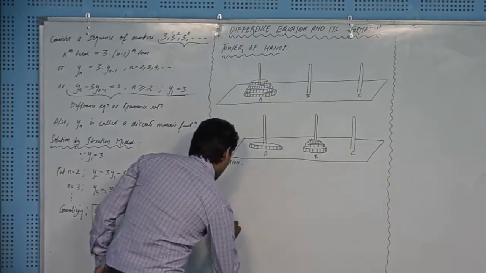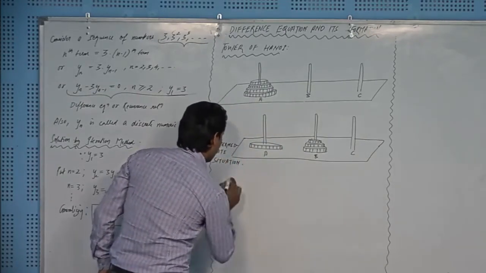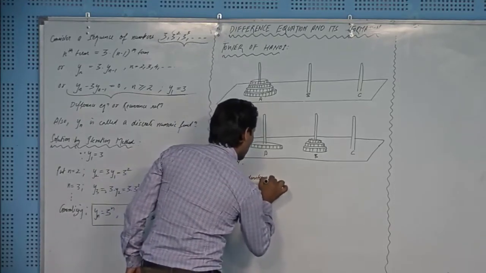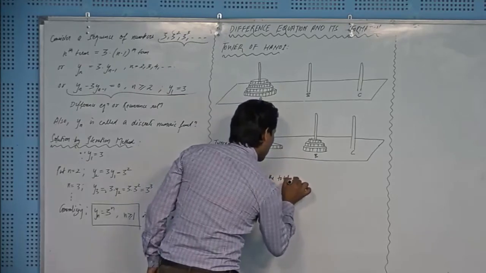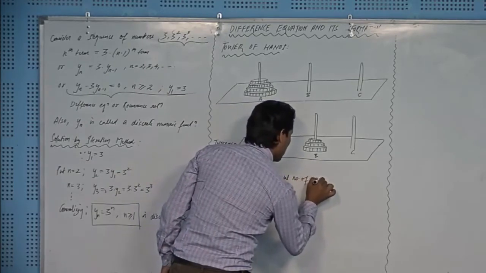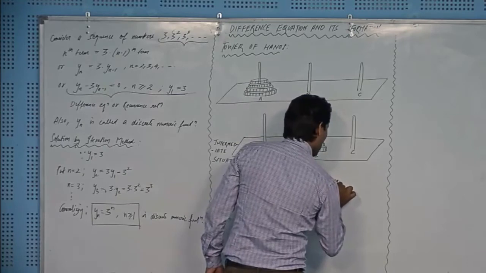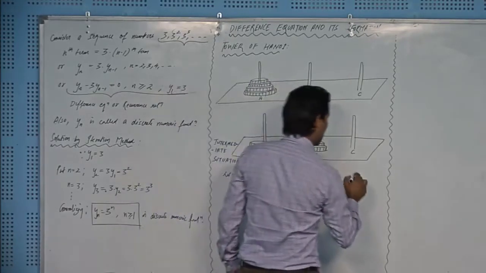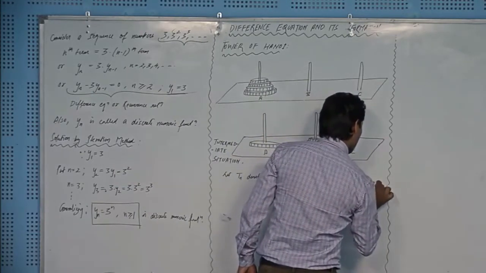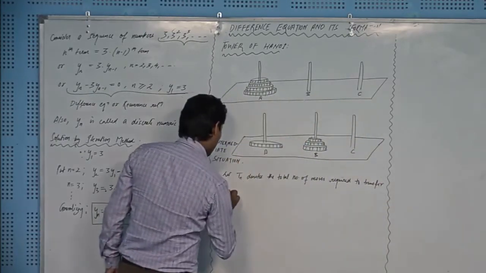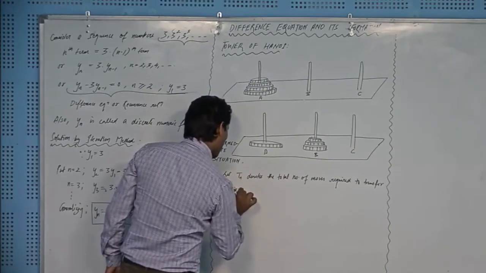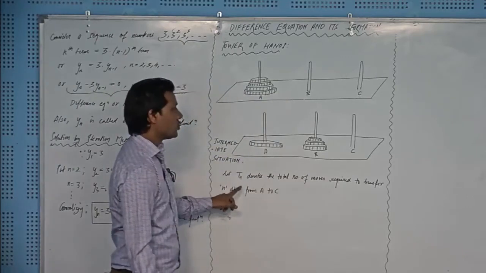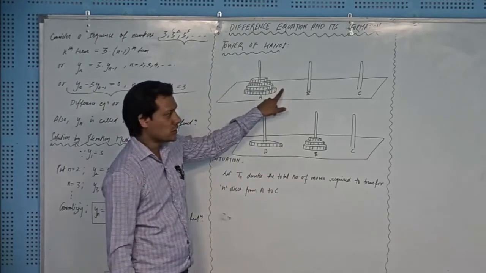Let Tn denote the total number of moves required to shift or transfer these n discs from A to C. So Tn is the solution of the original complete problem, right?